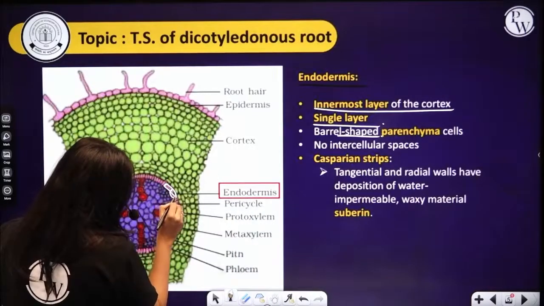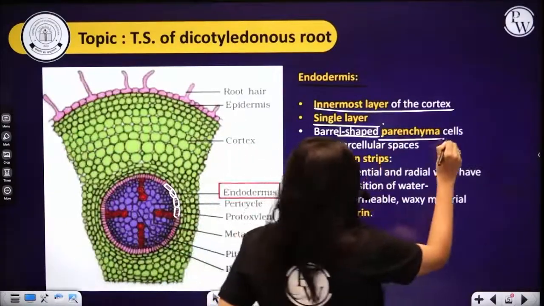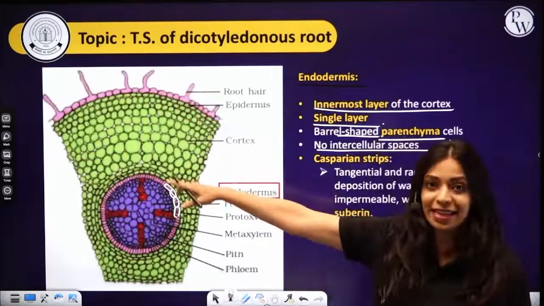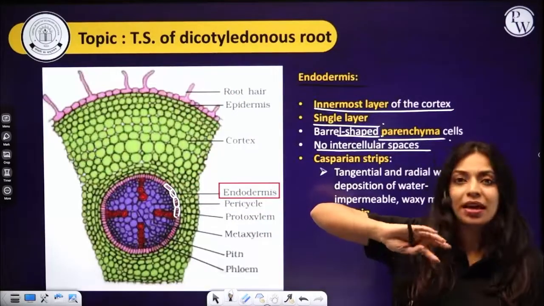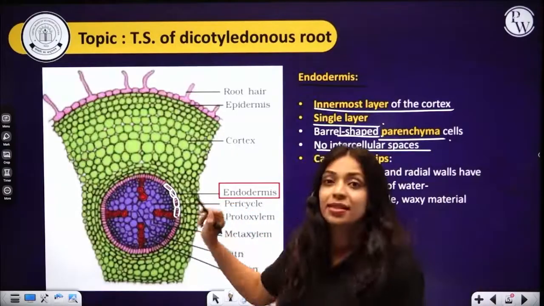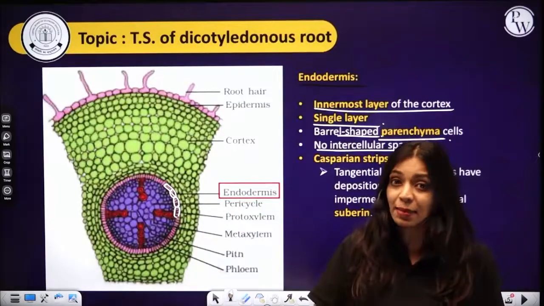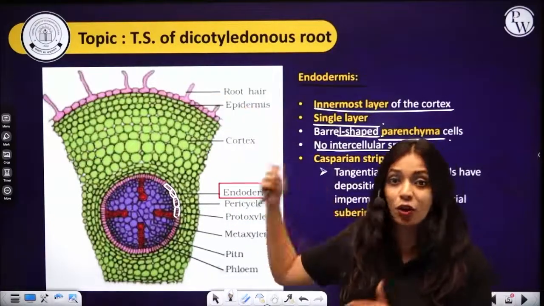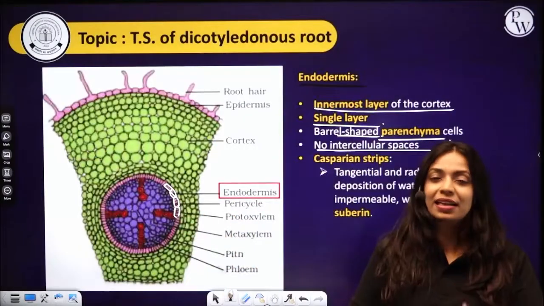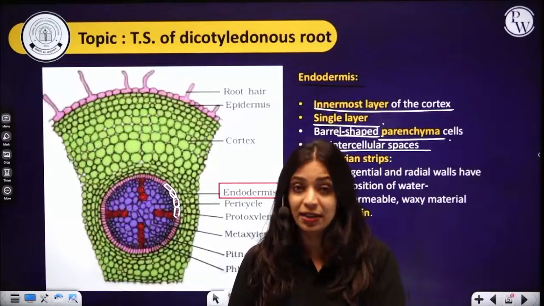Even here, you will have barrel-shaped cells. And they are also parenchymatous. Even here, you do not find any intercellular spaces. In the epidermis and the endodermis, the cell shape is pretty much the same. Though we say that endodermis is the innermost layer of the cortex, the cells of the endodermis resemble the epidermal cells more than the cortical cells. Okay, so in the endodermis, you will find a single layer of parenchymatous cells that are barrel-shaped and has thin walls without any intercellular spaces.